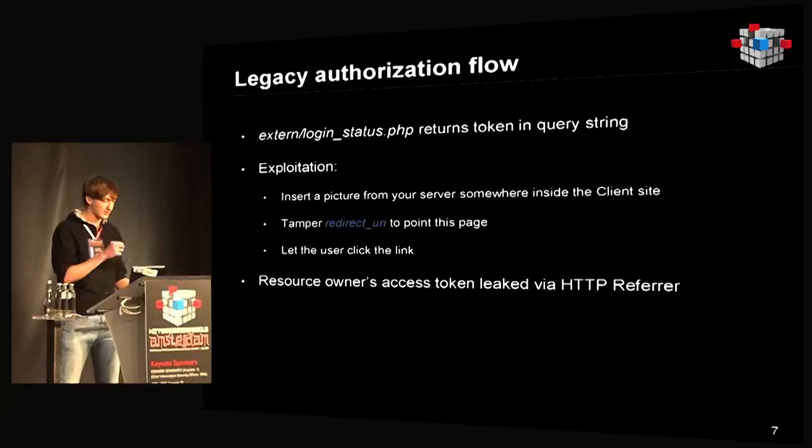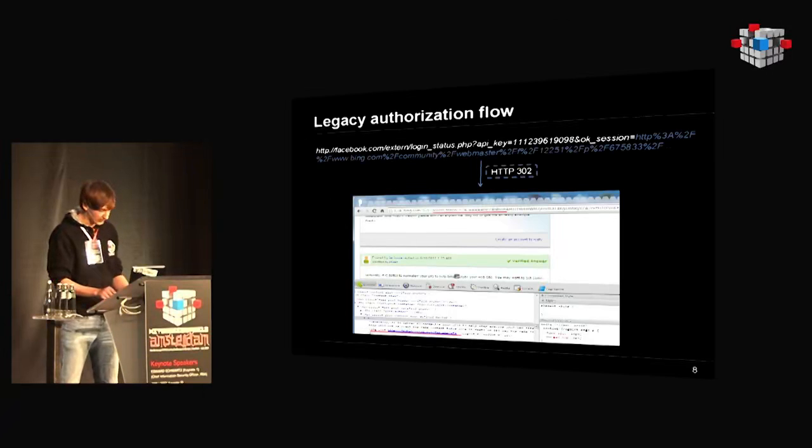Just insert a picture somewhere inside the client side, then set the temporary redirect URI to point to this page, and let the user click the link. When the flow goes to the page where the redirect URI points, your picture is loaded from your server and you just pick up the referer.